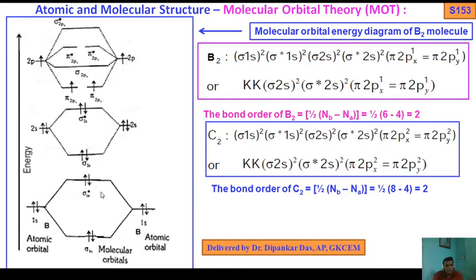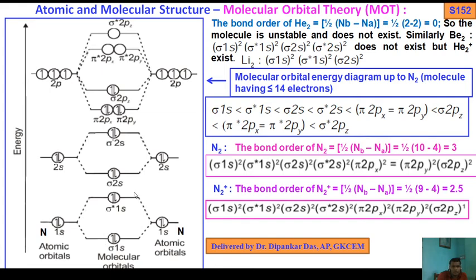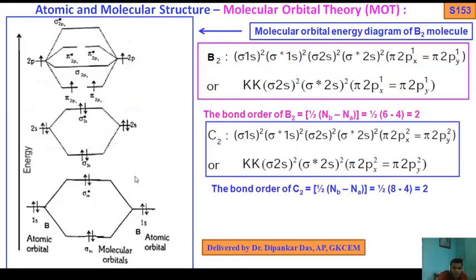You can draw the MO diagram this way or that way, whichever is easier for you. Here sigma 1s2, sigma star 1s2, sigma 2s2, sigma star 2s2, pi 2px1 and pi 2py1. Why does pi 2px contain 1 electron?